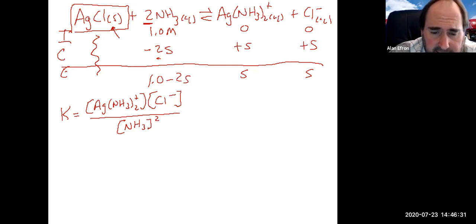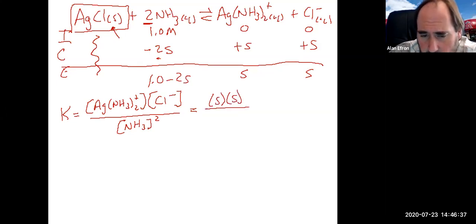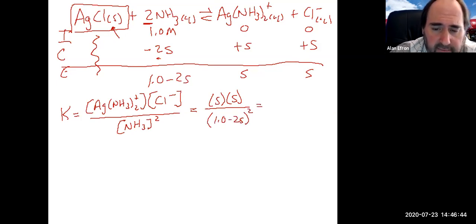So putting those values in, that's going to give us S times S divided by 1.0 minus 2S squared equals the K value that we got previously, which was 2.4 times 10 to the minus 3 from multiplying both K values together. Just like normal here, we're going to solve for S, and S is going to be our molar solubility.